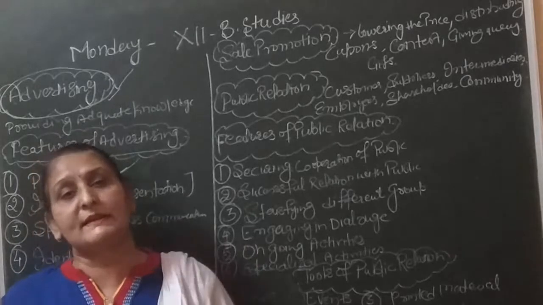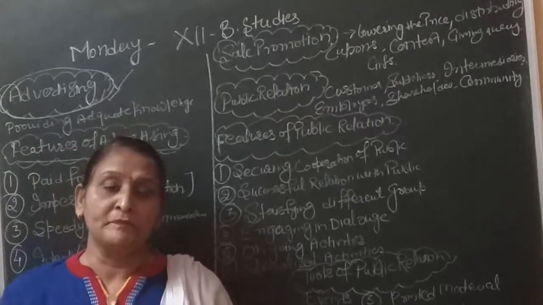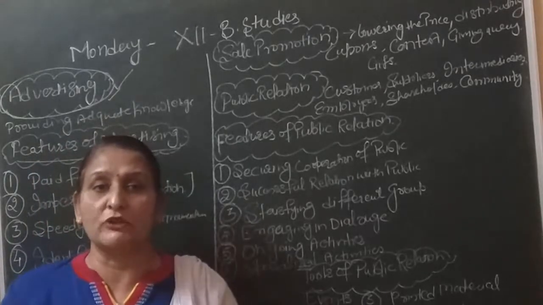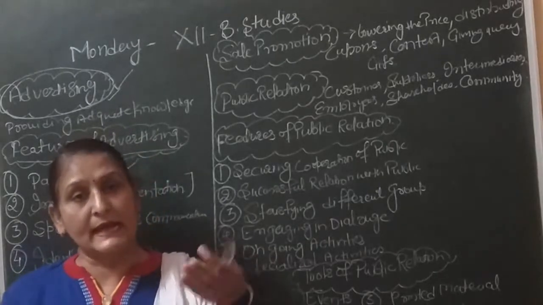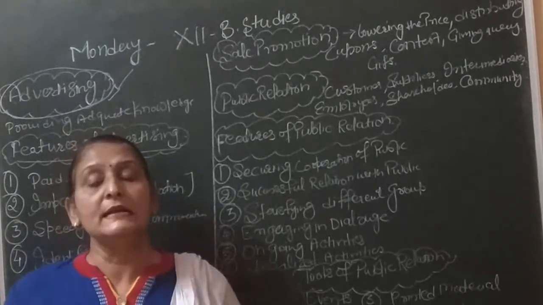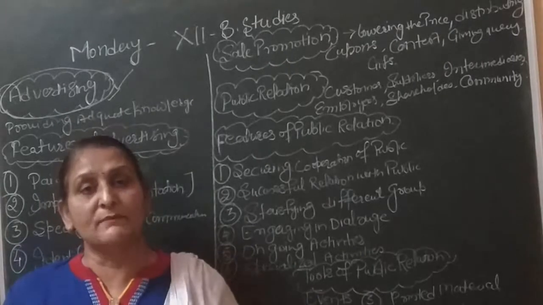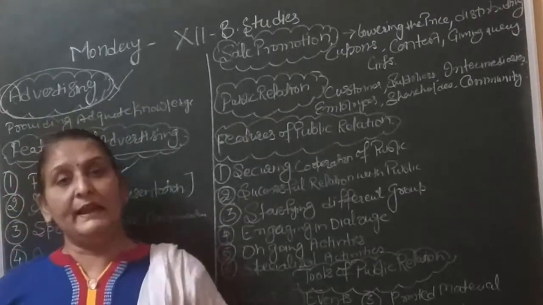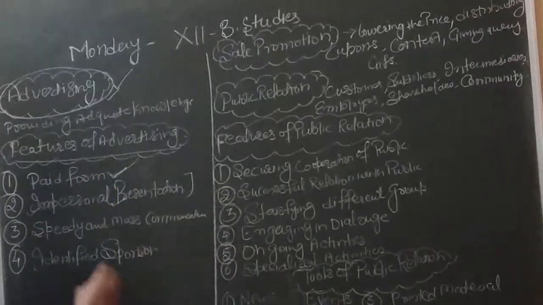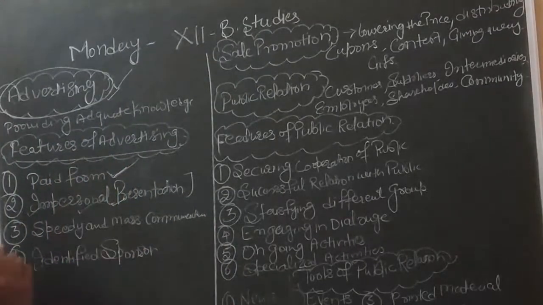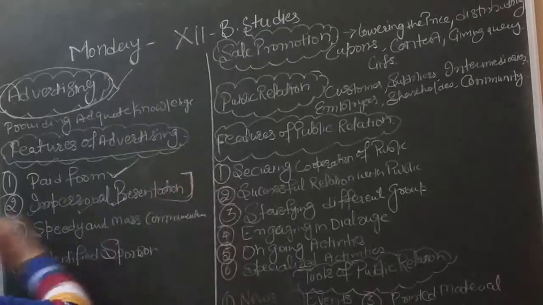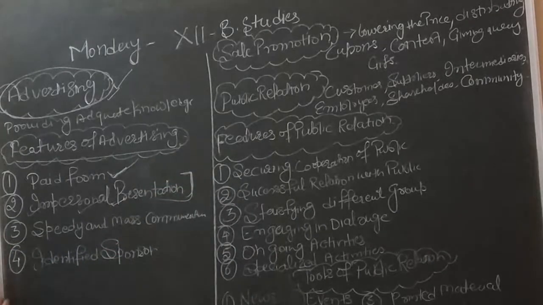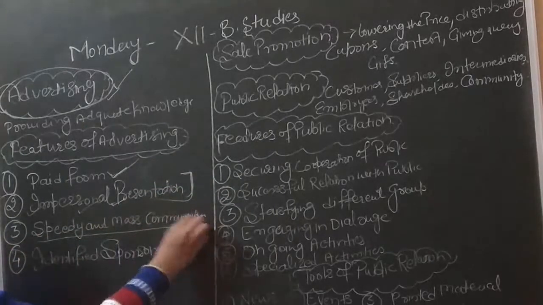And dialogue is when the communication is made between two persons directly. But advertisement is a monologue in which communication is made with many people at a time. So we can say that advertisement is an impersonal presentation.